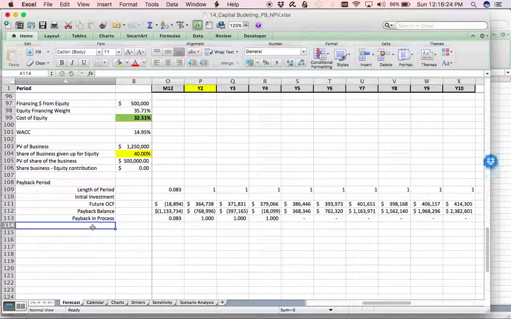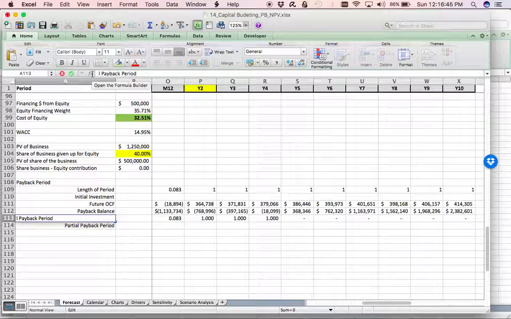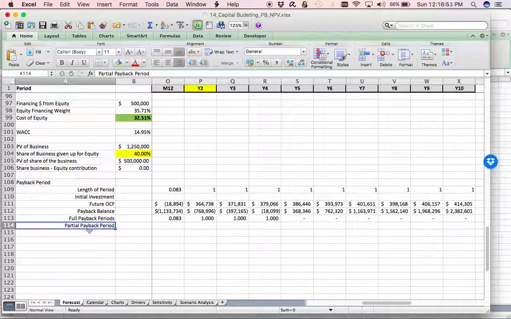So now we have to have some other logic that is the partial payback period. I suppose I could call this the full payback period. We'll just change that name. Right, so periods when it's a full period of paying back because we haven't paid it all back.